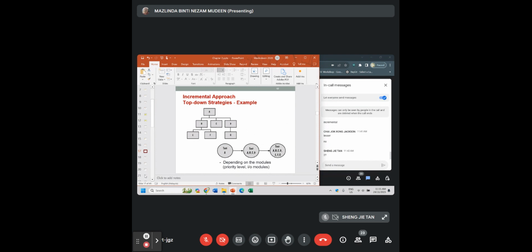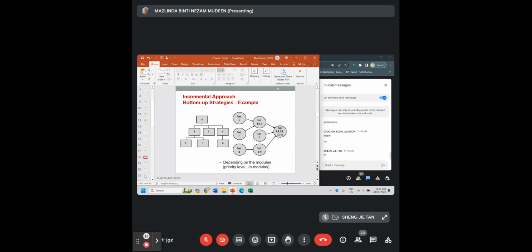This is just an example of how each strategy works. For top down, we start from A, combine it with B, C, and D, then combine with the lowest level, which is E, F, and G. For bottom up, we start from the lowest, E, F, and G. We combine E and F with B, then we have C, then G combining with D, and then we combine with A. So that is about the bottom up and top down strategy.